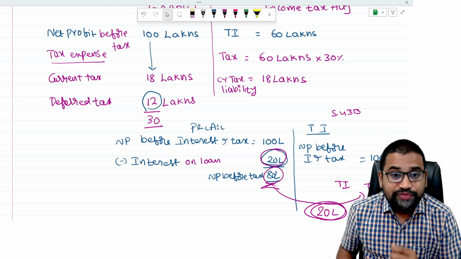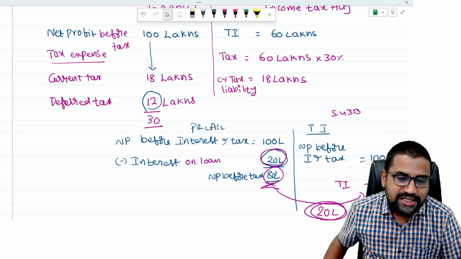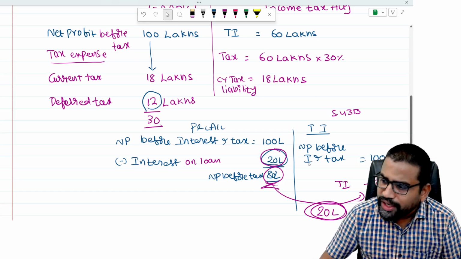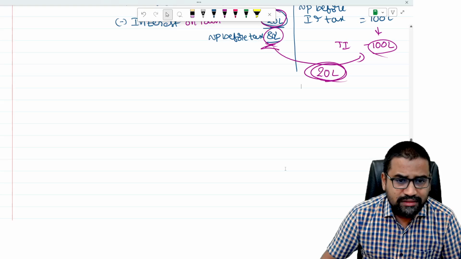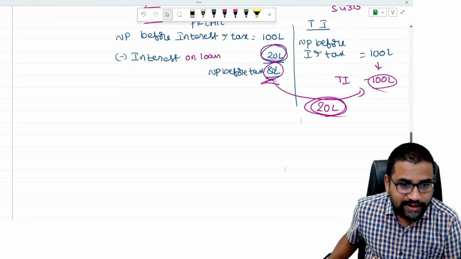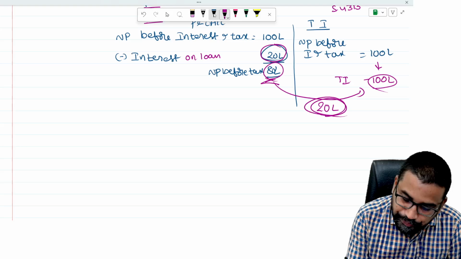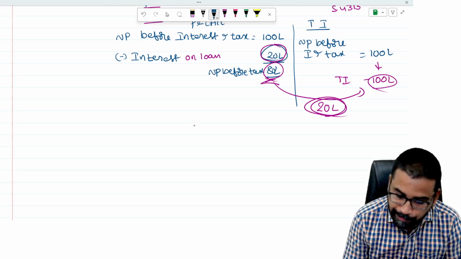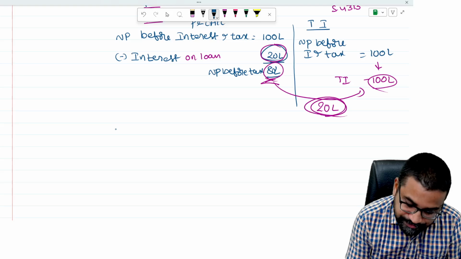Okay, sir, suppose for example, if the difference is a permanent difference, ignore it, don't recognize deferred tax. For example, I will tell you one example for this. See, suppose you paid penalty, sir.